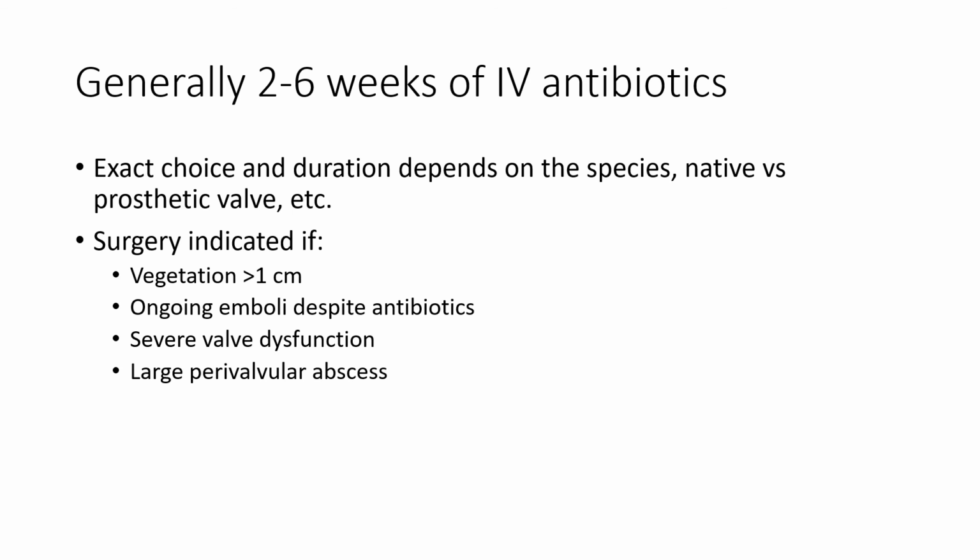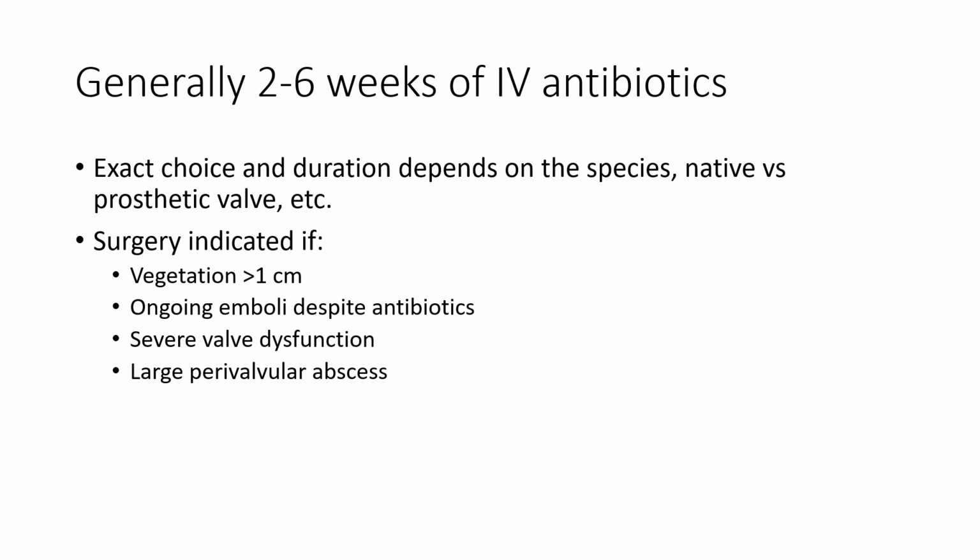But in general, patients with endocarditis are treated with 2 to 6 weeks of IV antibiotics. The exact choice and duration of antibiotic depends on the bacterial species causing the infection and whether it's native versus prosthetic valve. In addition to antibiotics, surgery is done. So basically surgery to remove the infected valve is done if the vegetation is bigger than a centimeter in size, if there are ongoing emboli despite antibiotics, if there's severe valve dysfunction, right, so if the valve is so damaged that, even separate from any infection, they would need their valve repaired anyway, or if they have a large paravalvular abscess.